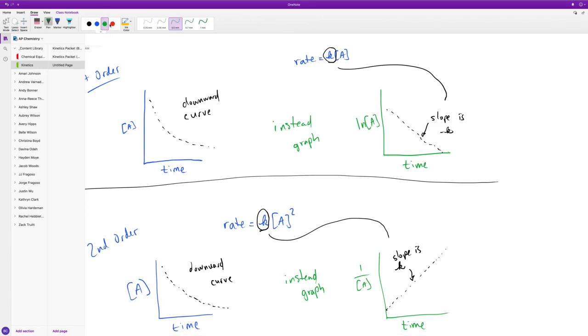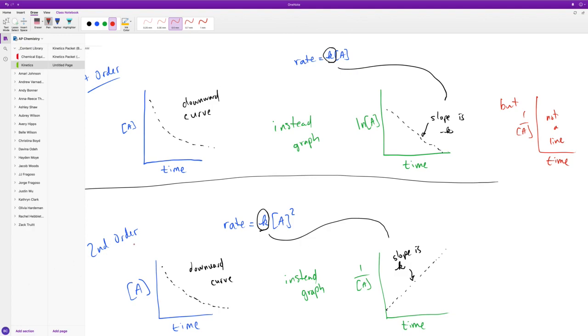I don't know that off the top of my head. But if you graph the reciprocal of concentration, in this case, for a first order case, I don't know what the graph will be, but it's not a line. Okay? It's not a line. That's only for second order.